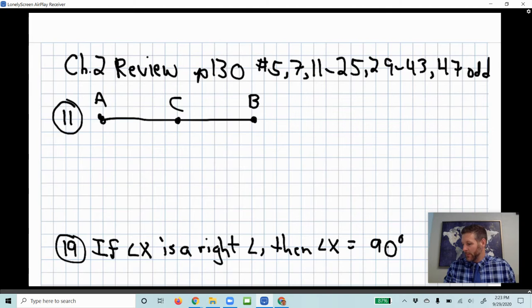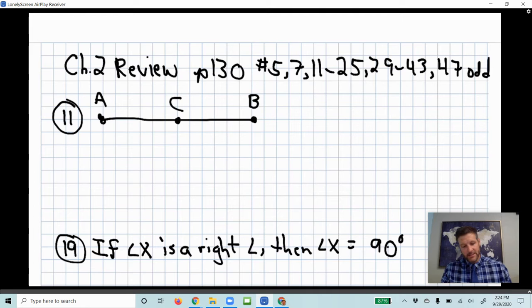Number 11 is where we're going to start. I think you can figure out a lot of the inductive patterns before this one on your own. But number 11 says, determine if the conjecture is true. If not, write or draw a counterexample. So number 11 says, if C is the midpoint of AB, then AC is congruent to segment BC. So I drew a picture of what that's saying.